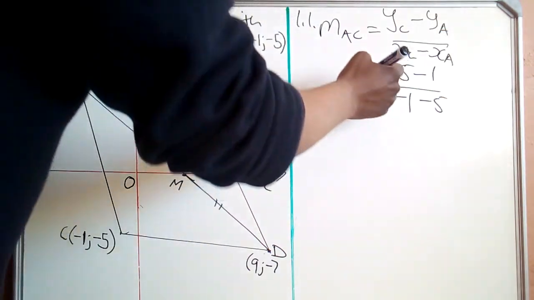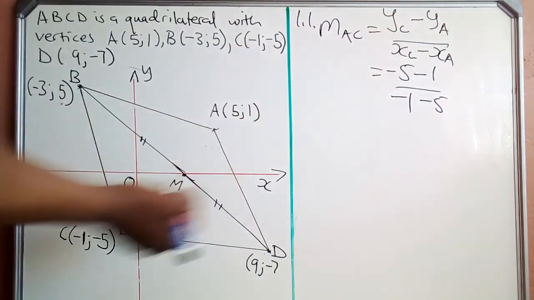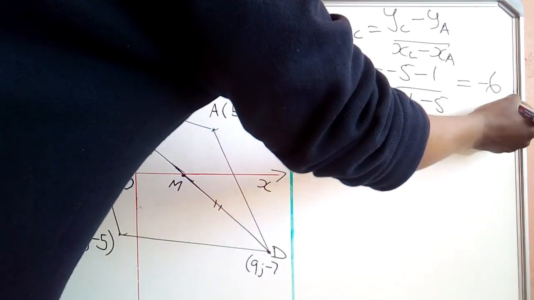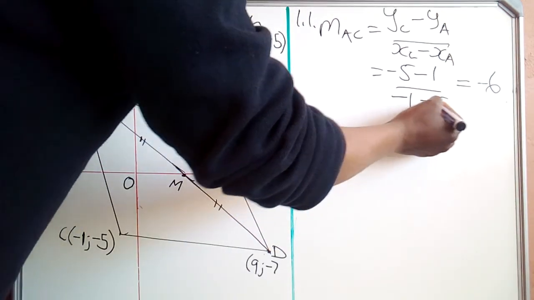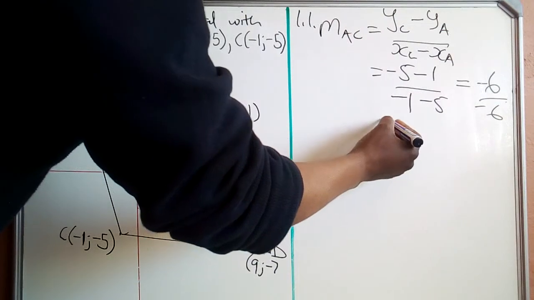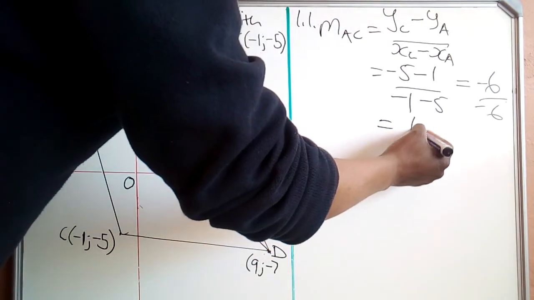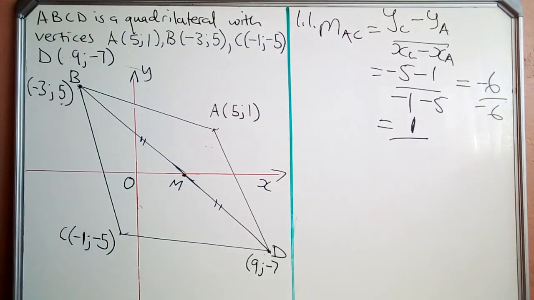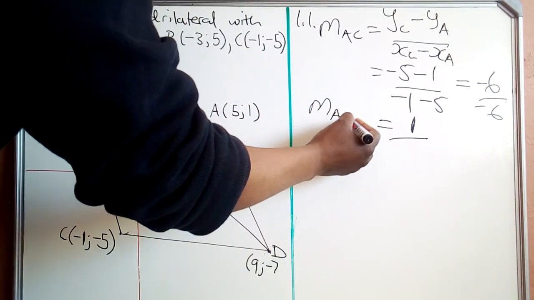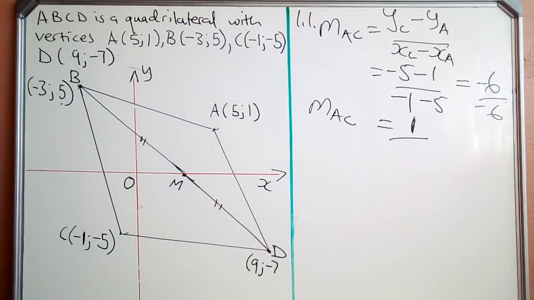So -5 minus 1 will give you -6. And -1 minus 5 will also give you -6. So our gradient there is +1. So the gradient of AC is equal to 1.